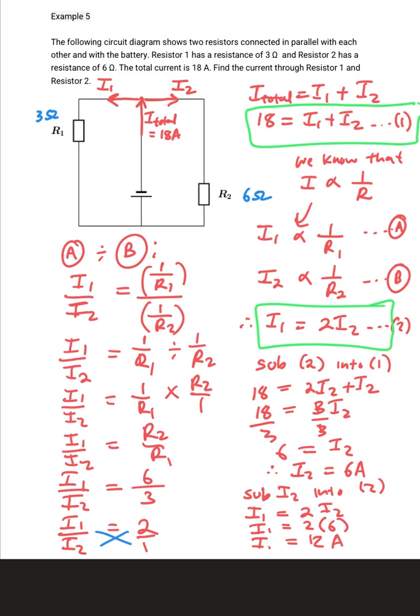So our answers are I2 is 6 amperes and I1 is 12 amperes. And 12 amperes plus 6 amperes gives us 18 amperes.